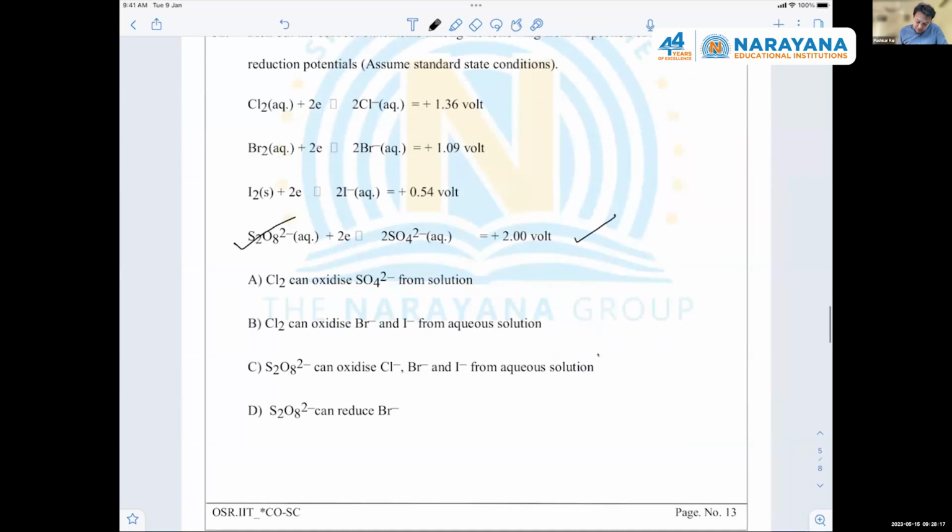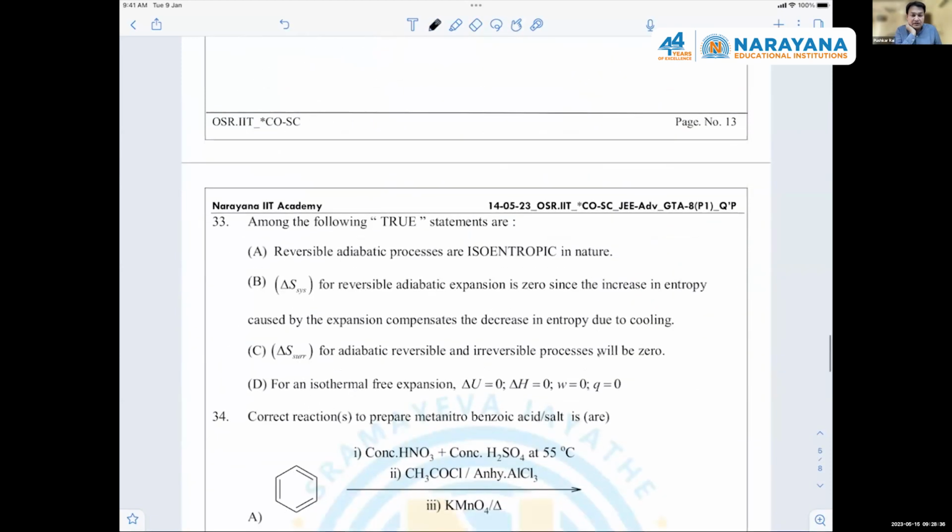So S2O8 2- can oxidize Cl-, Br-, and I-. Everyone could be oxidized by this. And Cl2 can oxidize Br- and I-. So this is a very straightforward question. I don't think there is any doubt to anyone in this.